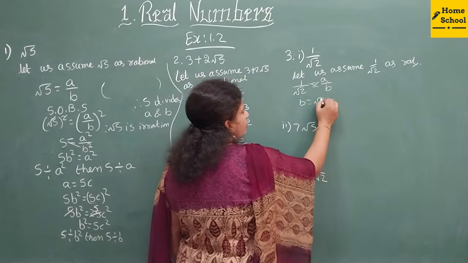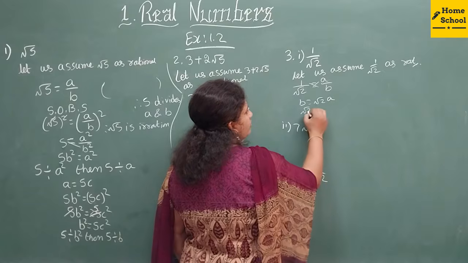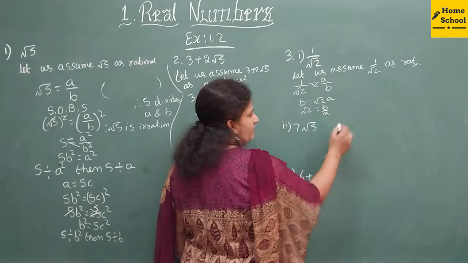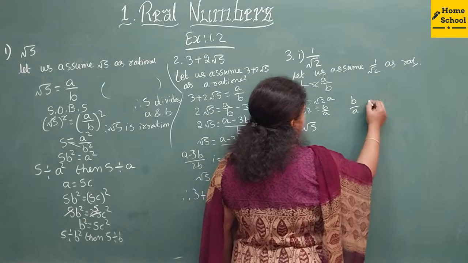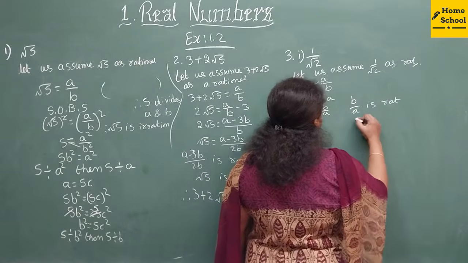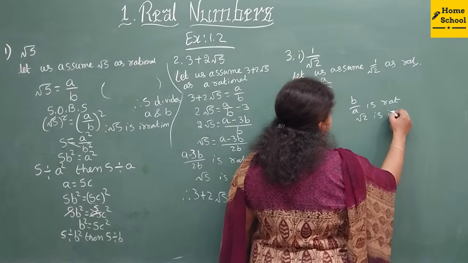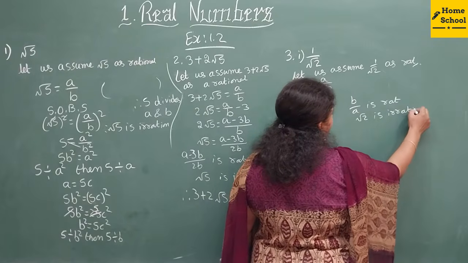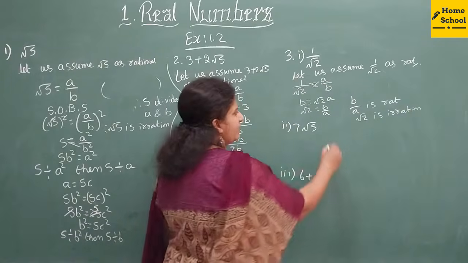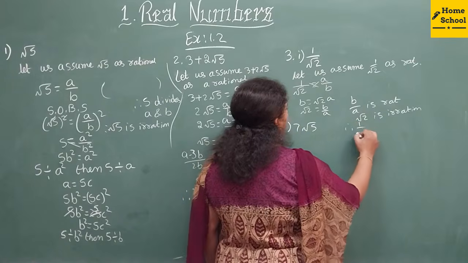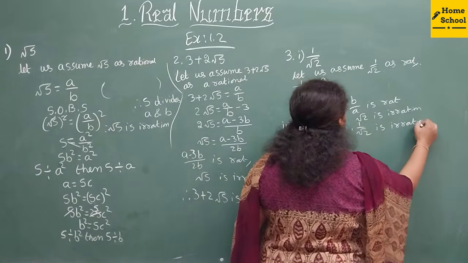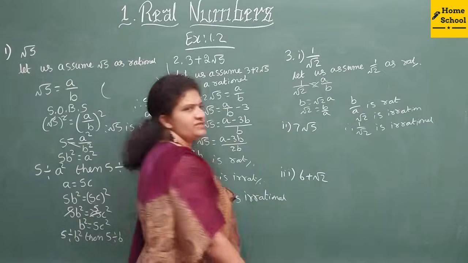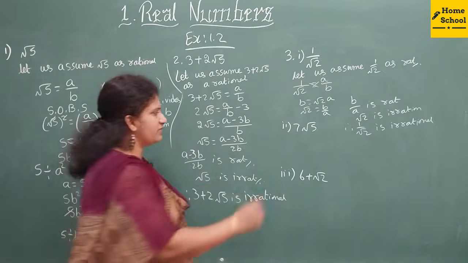B is equal to root 2 a and root 2 is equal to b by a. Now, in the same manner, what can I say? B by a is rational. Root 2 is irrational. Both cannot be equal. My assumption is wrong. Therefore, finally, 1 by root 2 is irrational. That's it. Hence, it is proved.